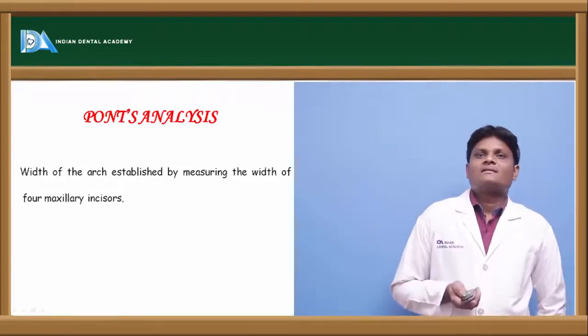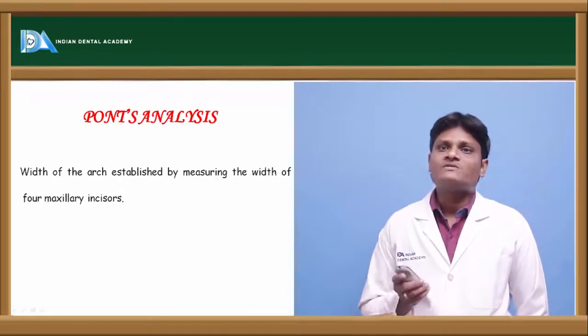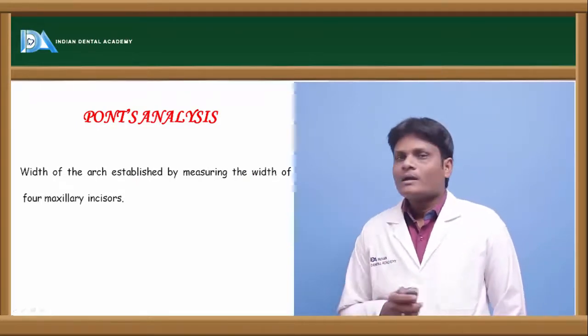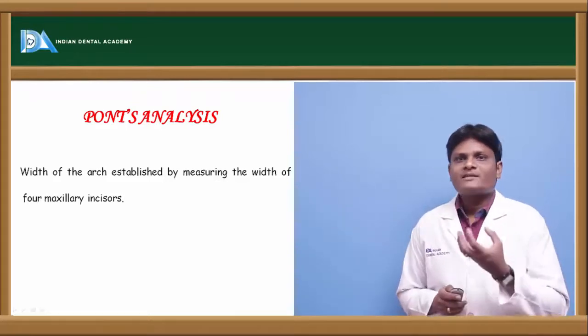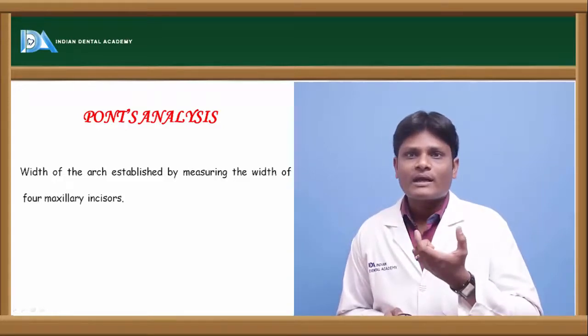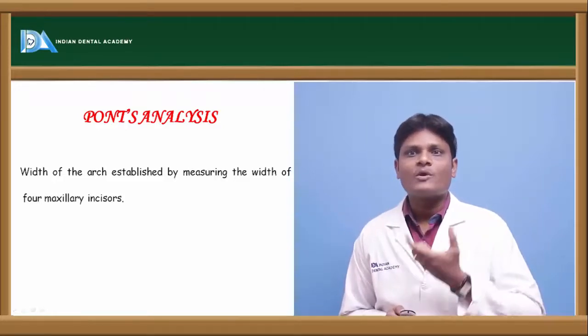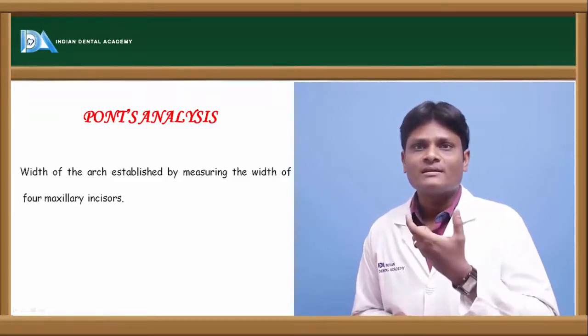This analysis is one of those supporting arch width and tooth size discrepancy. In this analysis, we estimate the width of the arch in the premolar and molar region based upon the combined mesiodistal widths of the four maxillary incisors.